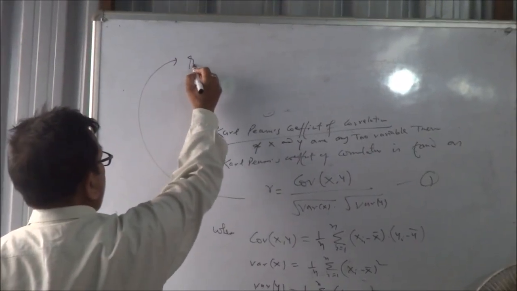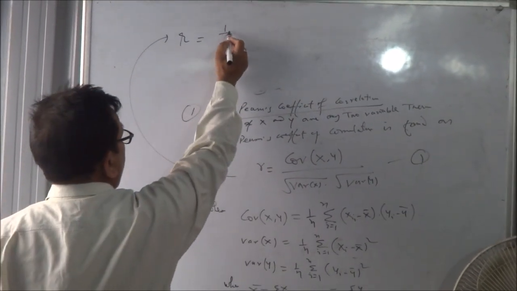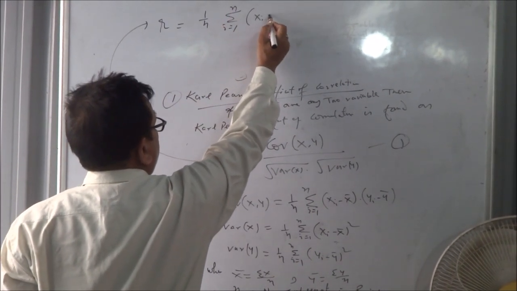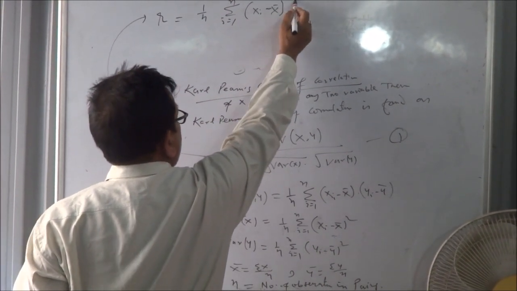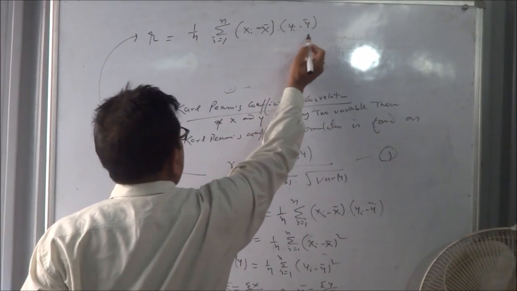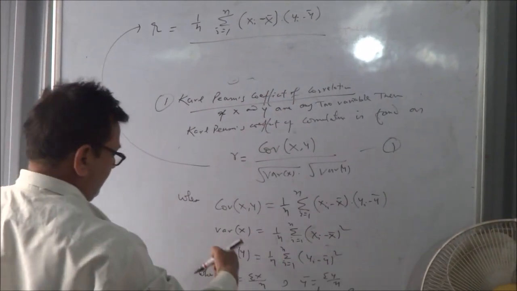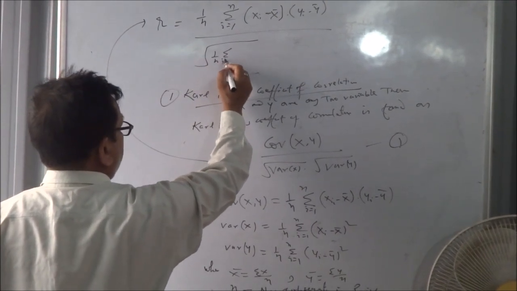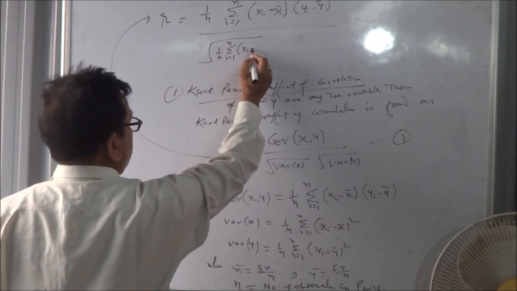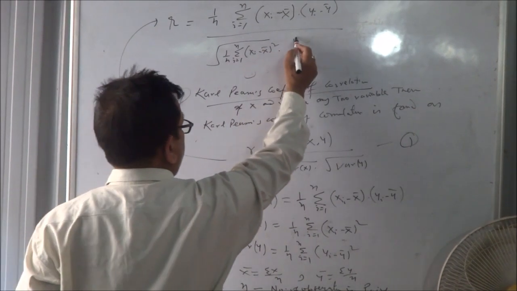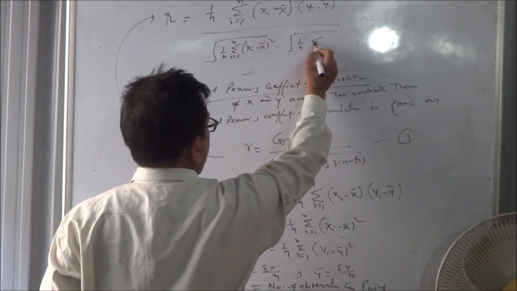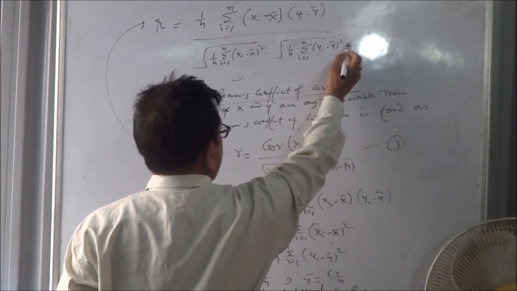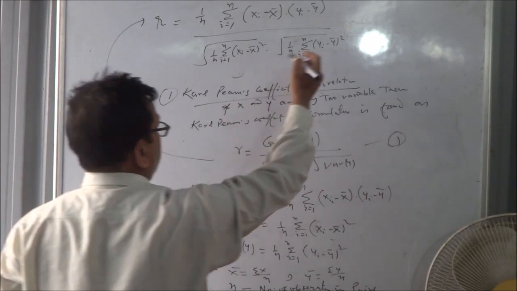Then the coefficient of correlation R will be 1 upon n summation i varies from 1 to n xi minus x bar into yi minus y bar upon the square root of variance of x, that is 1 upon n summation i varies from 1 to n xi minus x bar its whole square, into 1 upon n summation i varies from 1 to n yi minus y bar its whole square. This 1 upon n you can take out.